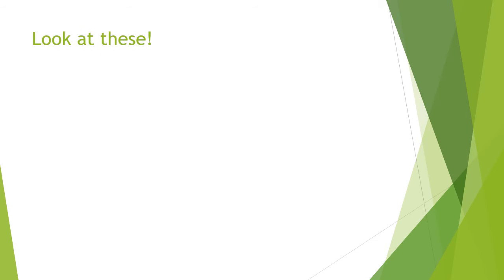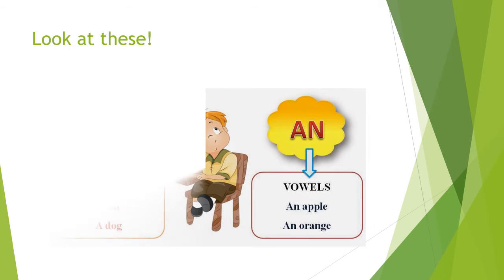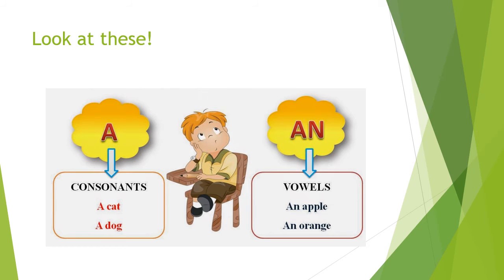Look at these now. A used with the nouns having consonant sounds like a cat, a dog. Whereas an used with the nouns that start with the vowel sound, an apple, an orange.